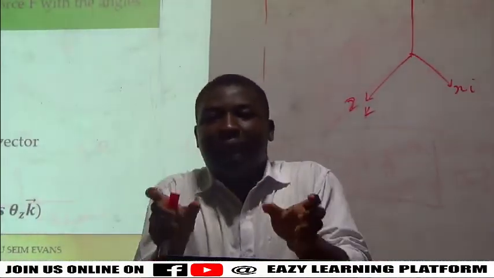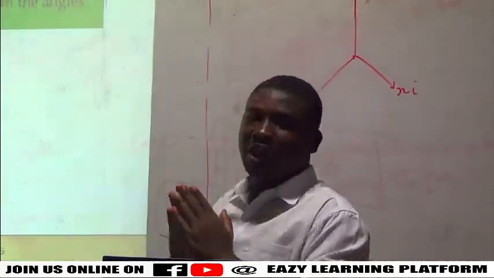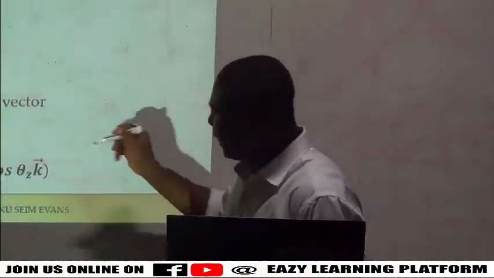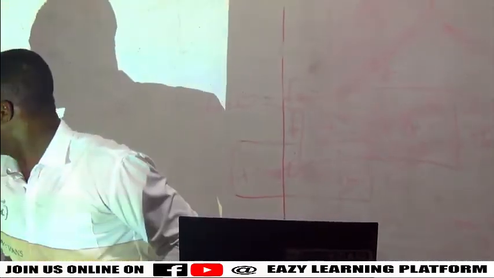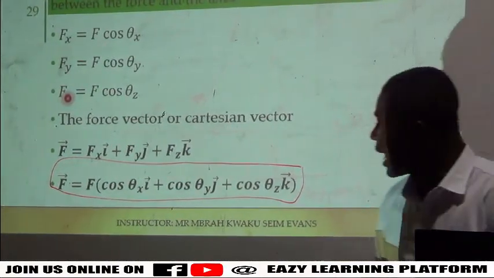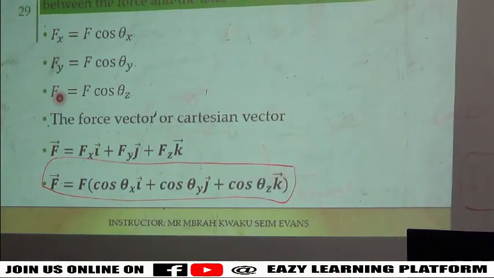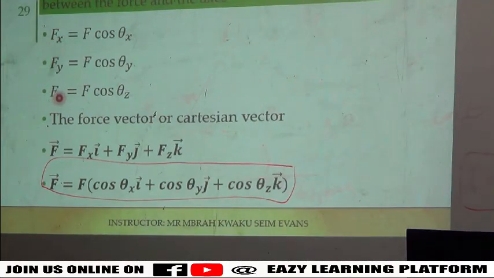It means a magnitude of Fx in the x direction. Now this formula gives us a certain expression. F is the magnitude of the force, and the whole of cos theta x i plus cos theta y j plus cos theta z k is the unit vector.